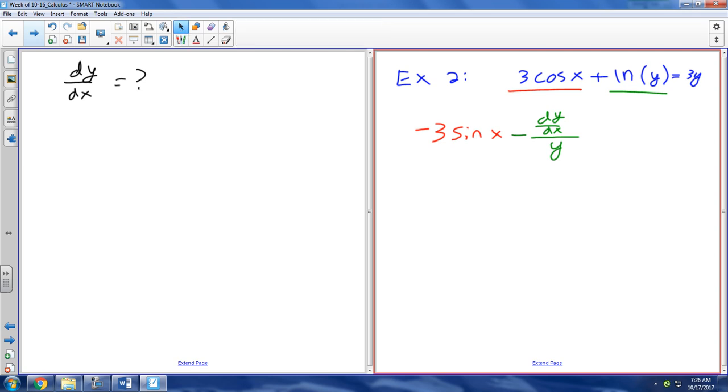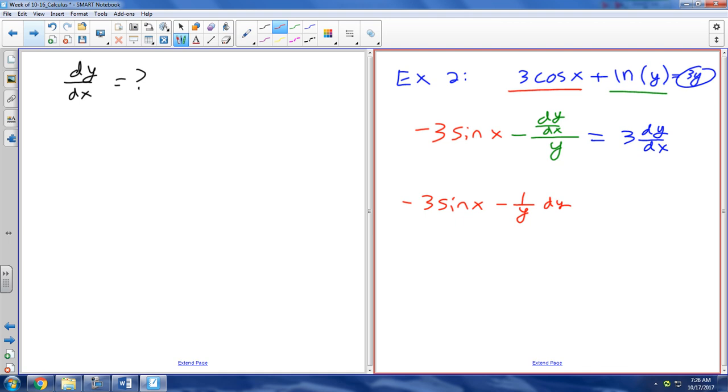And then here the last one is the 3y. So that's going to be 3 is the derivative, but now we have to tag on the dy dx. So we're just trying to isolate dy dx again. So we have negative 3 sine of x, and that's going to be minus 1 over y dy dx.